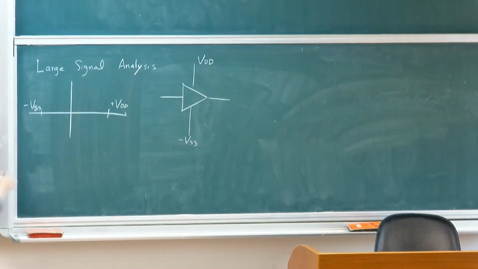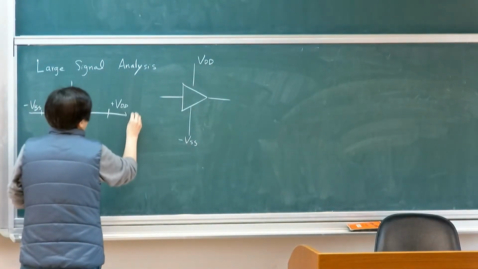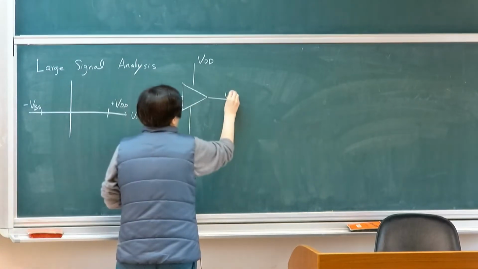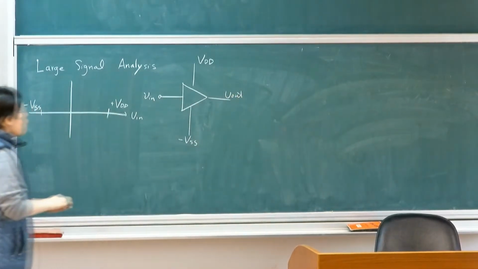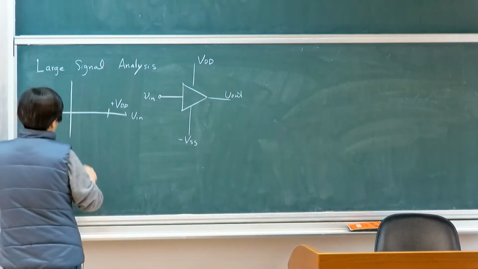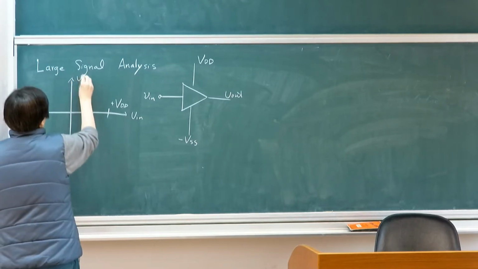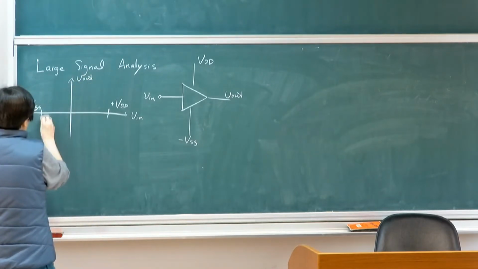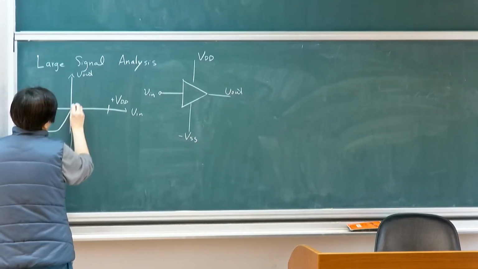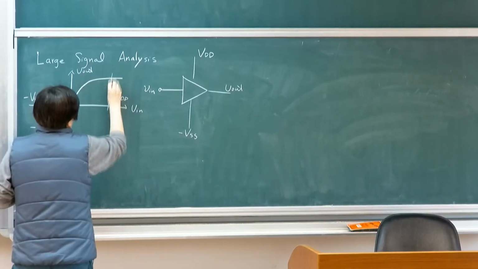Once you have the boundary of the circuit, this will be my input and this will be my output. I know the maximum positive voltage will be VDD and the minimum will be VSS, because this is whatever is being supplied to the circuit. So this sets the range, and then we know the corresponding output. If I draw an amplifier circuit, it will look very close to that.